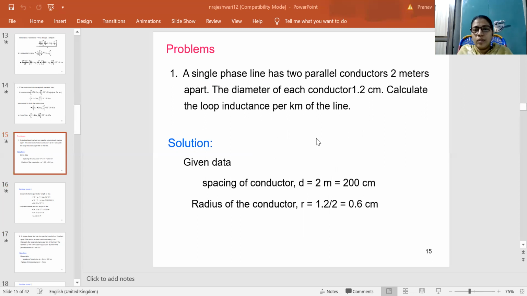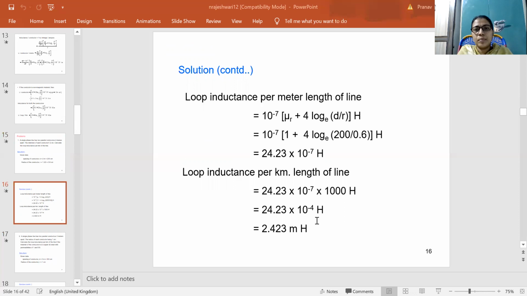So we have to change the units of either the diameter or the spacing of the conductors. So I am converting these meters into centimeters. So spacing of conductors small d is equal to 2 meters, which is 200 centimeters. And radius of the conductor small r is equal to 1.2 by 2, which is equal to 0.6 centimeters.